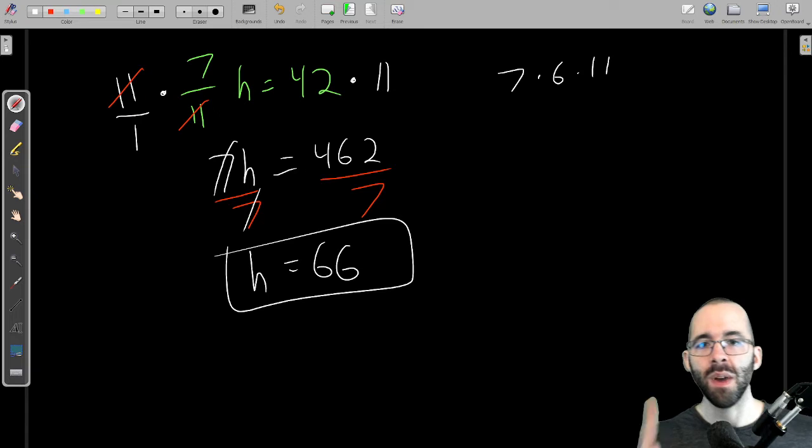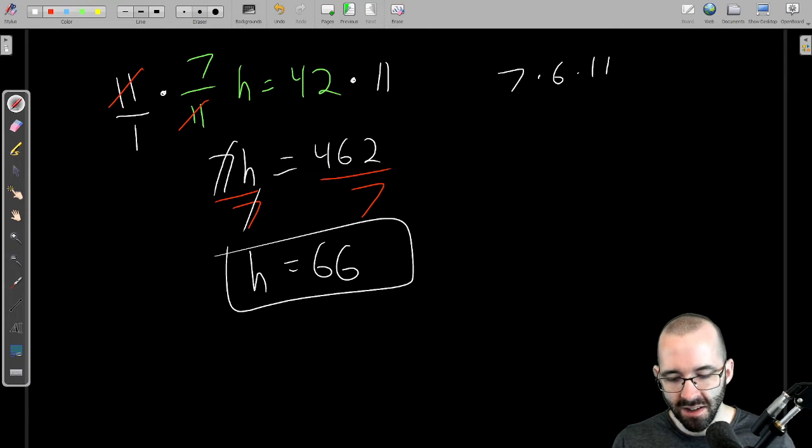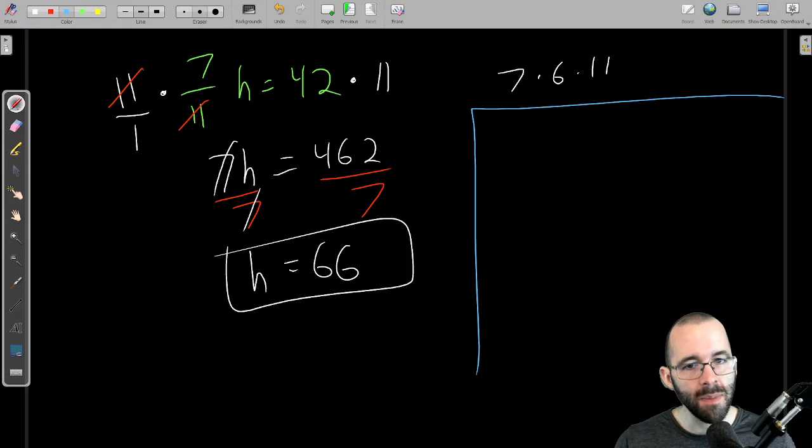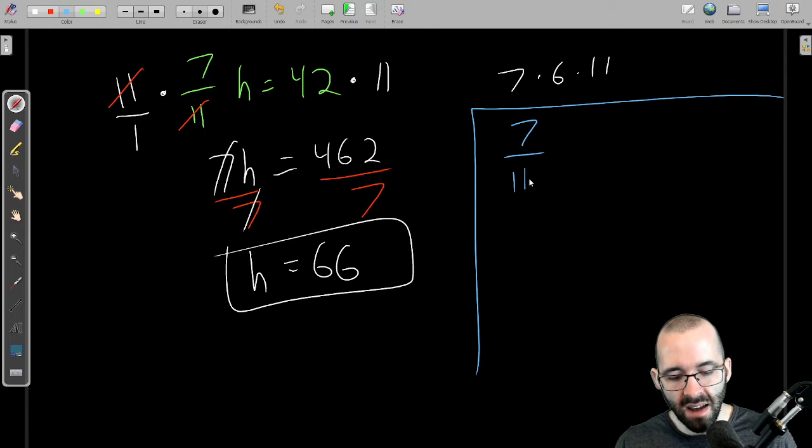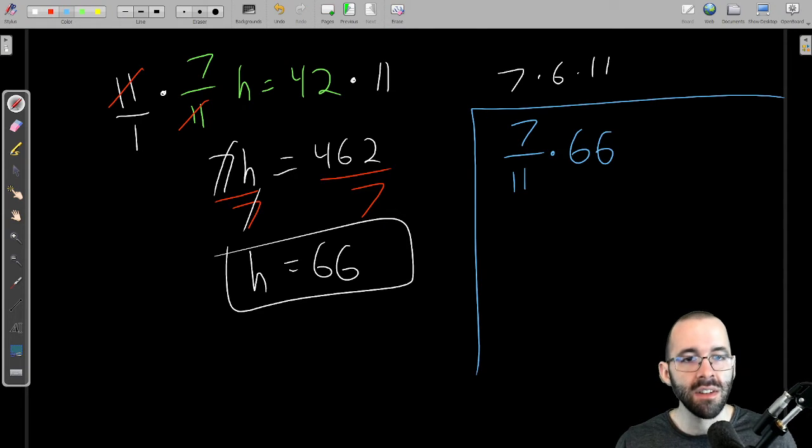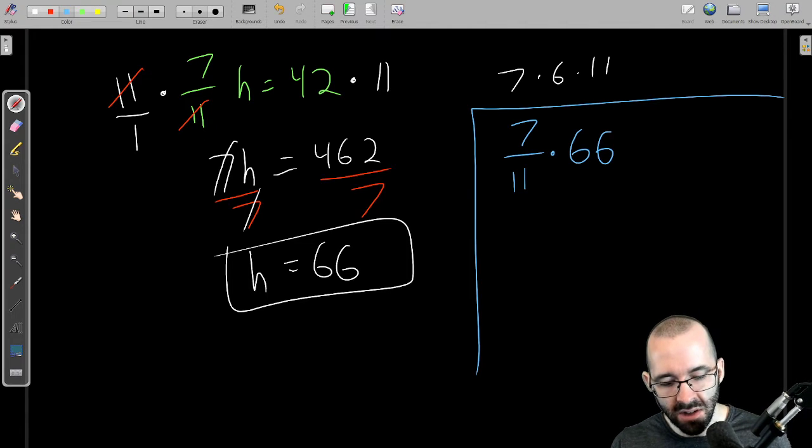But if it's not my open math, how do you know whether you're right or not? Solving an equation is just finding the value that makes the equation true. So a solution to an equation is a solution if it makes this true. So what is 7/11 times h? If h is 66, we get a little cancellation.